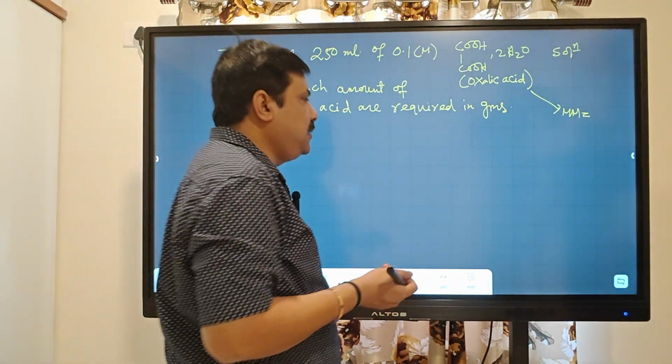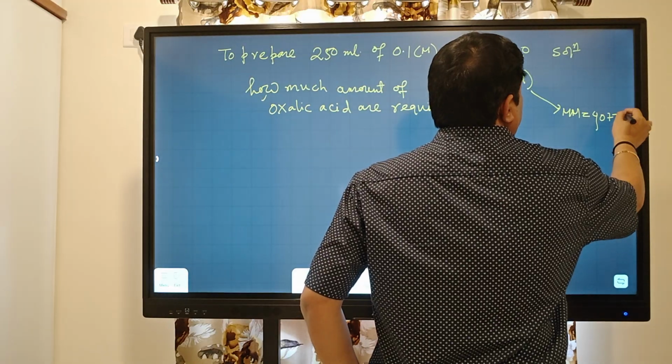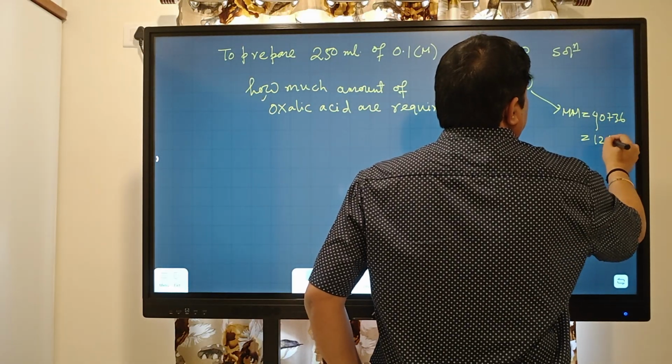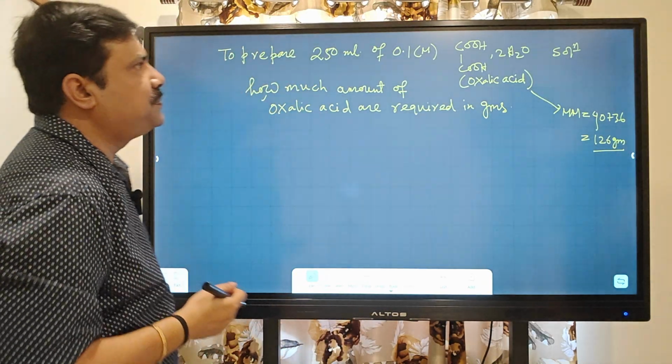So 90 plus 36 gives 126 gram. That is the molar mass of oxalic acid, 126 gram.